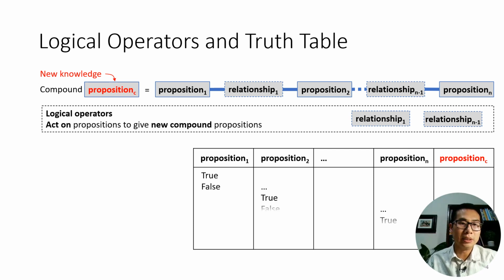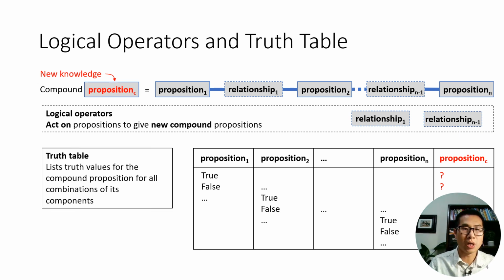So for each proposition, you either have true or false, and you have a combination with all the other propositions. Then it lists out what the output is of this compound proposition, described by the relationships that we have, based on the combination of all the input propositions. This is called the truth table.